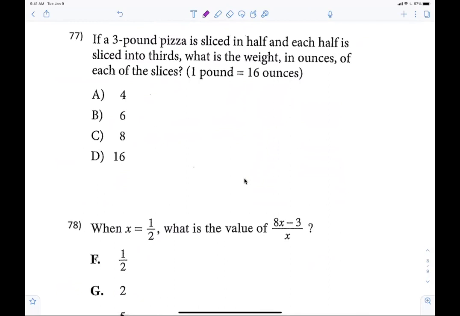What do you think, Catherine? Everybody should be trying this, seeing if you're thinking logically. No, I'm going to let Catherine walk me through it.